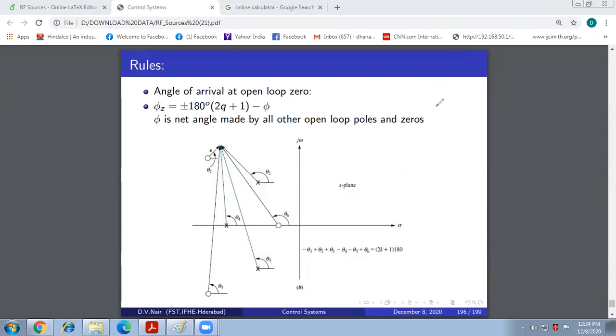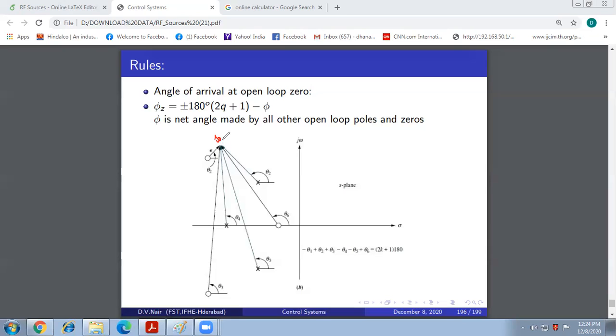So when we do the same mathematics which we did by considering a point of interest S naught in the close vicinity of the zero, at which we want to know at what angle the root locus branch would be arriving, would be terminating at it.